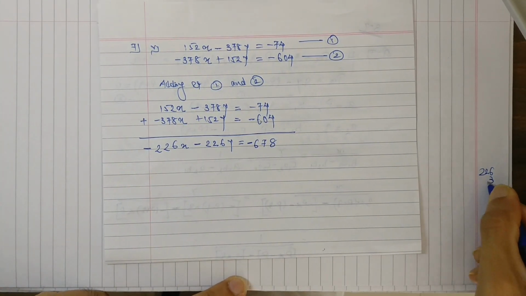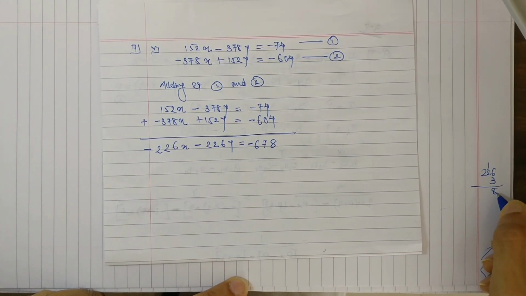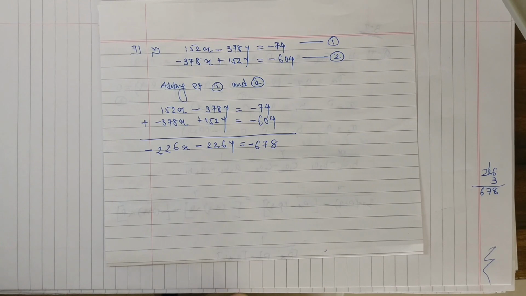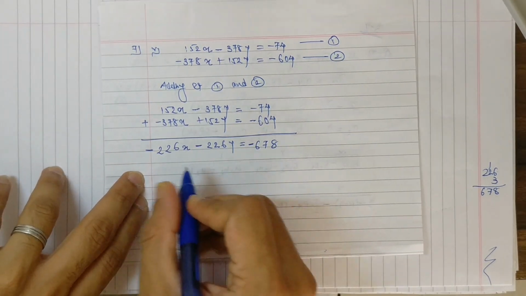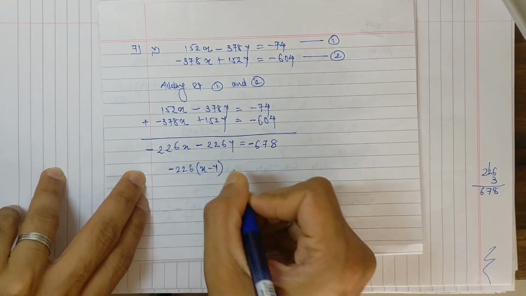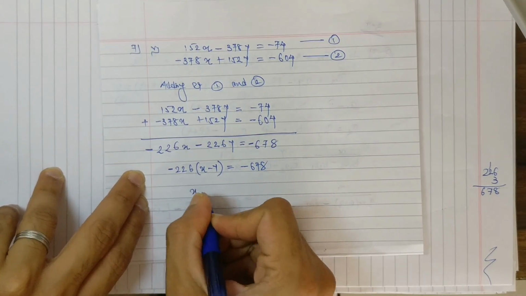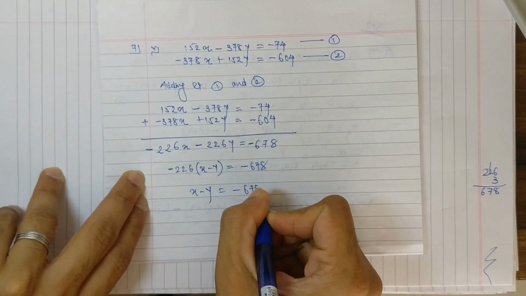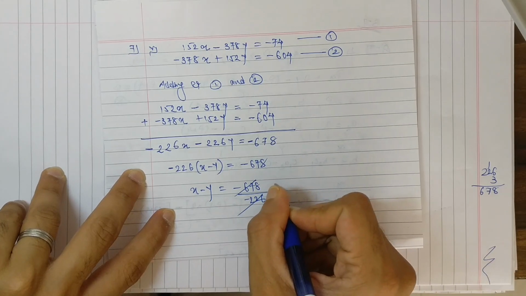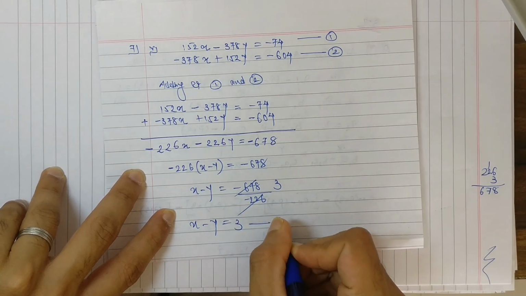Now 226 3s are 6, 3 2s are 6 plus 1, 7, 3 2s are 6, so 226 3s are 678. If I take 226 common, minus 226, inside x minus y will be left. So x minus y is equal to minus 678 upon minus 226, and it will get cut and you will get 3. So x minus y is equal to 3 is your equation number 3.